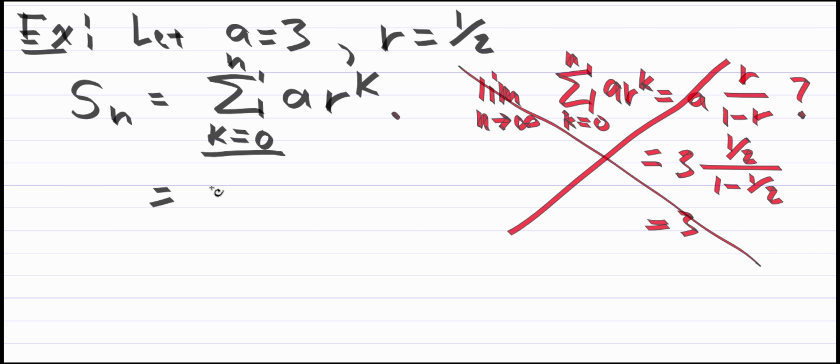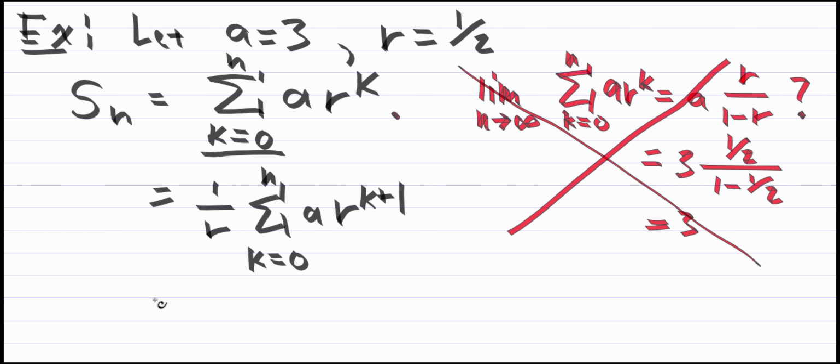So what if we multiply by r over r? So now I'm going to have 1 over r sum k equals 0 to n, and then I have a r to the k plus 1. And now I can re-index everything that is happening here.